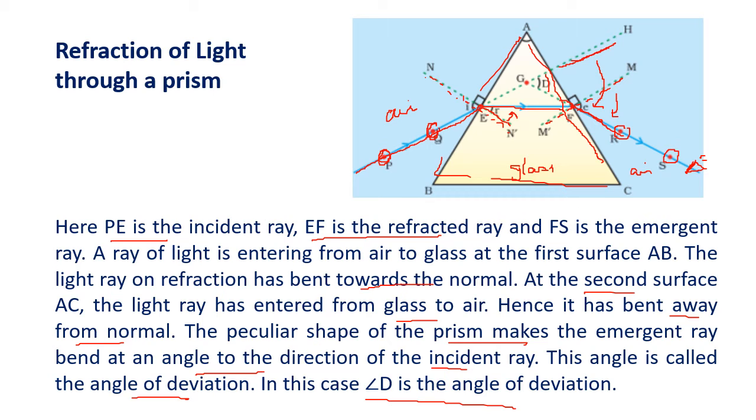When you draw the diagram, you get this: the incident ray, the refracted ray and the emergent ray, and the angle between the incident ray and the emergent ray is called the angle of deviation.